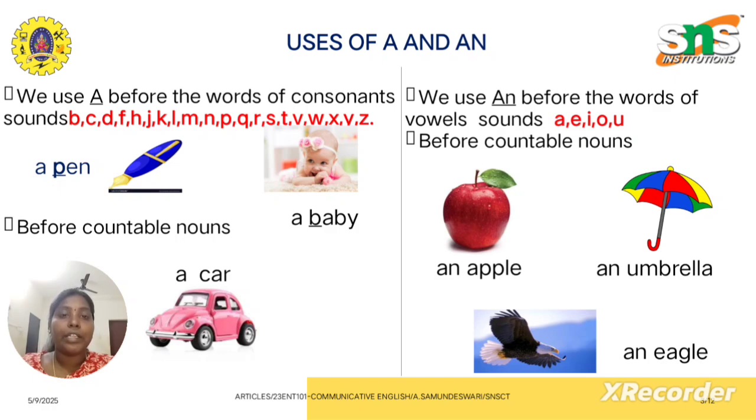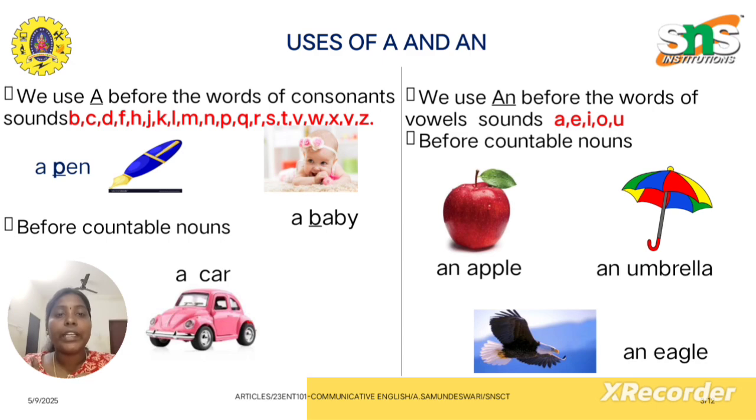eagle, an umbrella. Here I want to tell you one thing: in the English language we have 26 alphabets, but these 26 alphabets have 44 sounds.